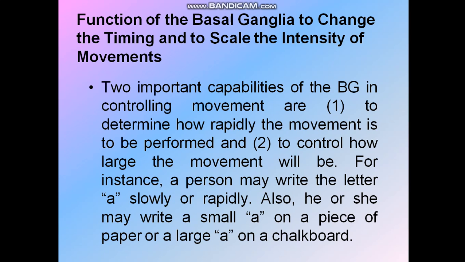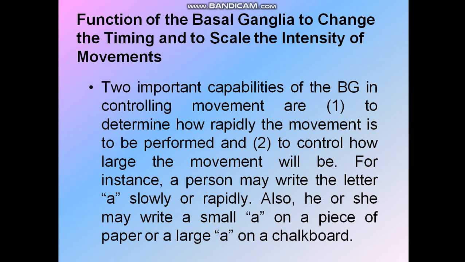Also, one of the capabilities of the basal ganglia is to determine how rapid the movement is, how large, and even how strong. For example, when writing a letter or a word, it differs. So how do we control the size of what we write, whether on a small piece of paper, note paper, or on A4, or on a writing board in the class? The size of the word we write is different.